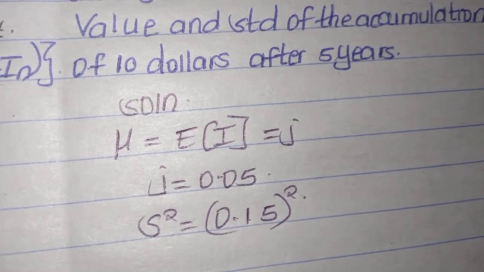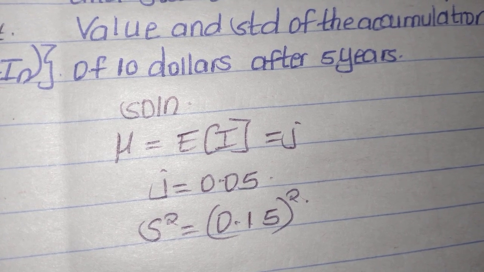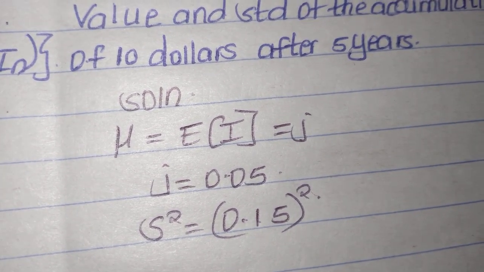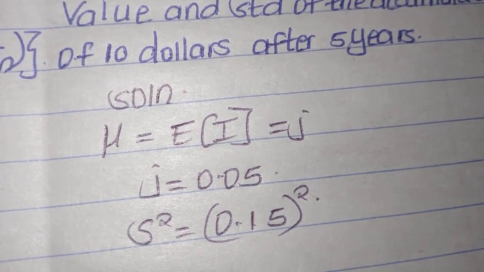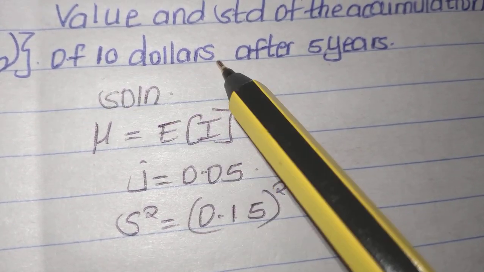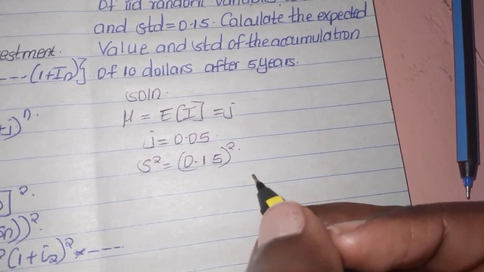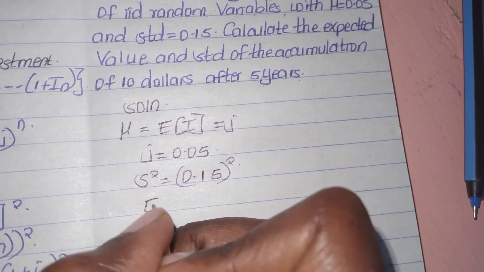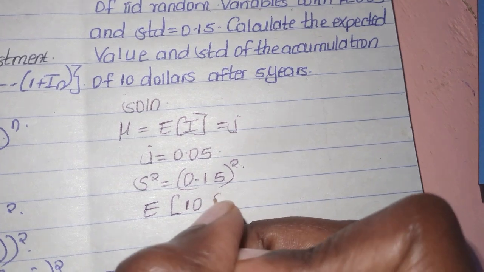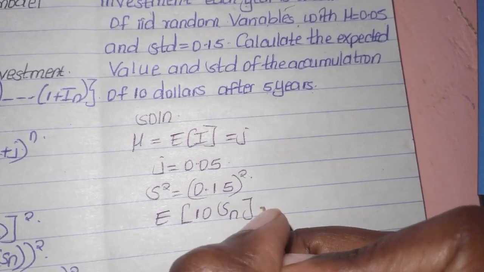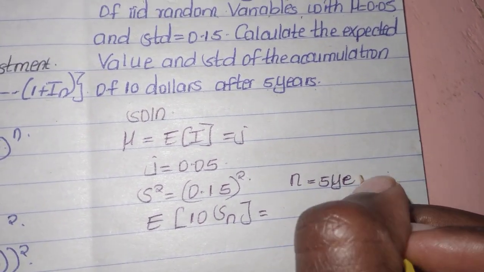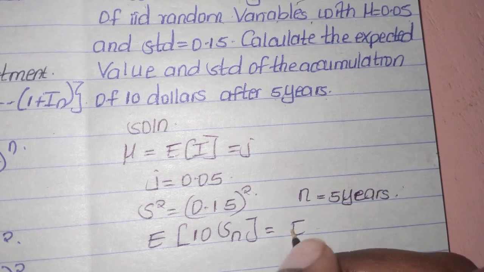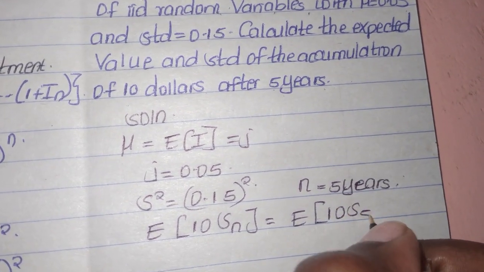Calculate the expected value and the standard deviation of the accumulation of $10 after 5 years. So this will be the expected value of 10 times S5, where n is equal to 5 years.